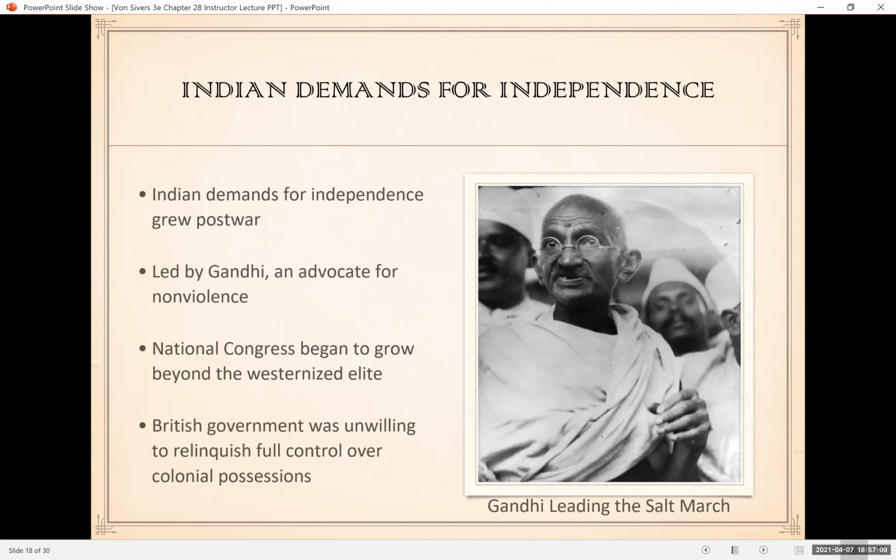They will basically sponsor massacres of Sikhs by Gurkha troops in the 1920s. So the British will be, on one hand, giving a little bit more power to the National Congress, and on the other hand, supporting Muslim leagues that are going to be against the Indian National Congress.